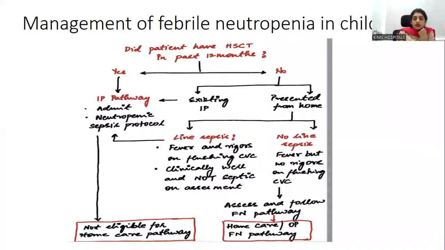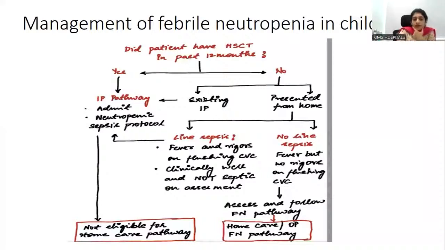So in all of these conditions, you clearly have to admit and then treat. If there is no line sepsis, that is, there is fever but no rigors when you flush the CVC, then you can assess and follow the febrile neutropenia pathway. You can do home care on an OP basis, based on a number of things.